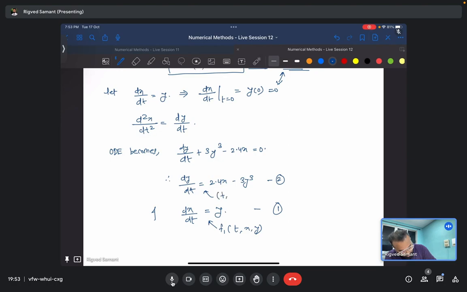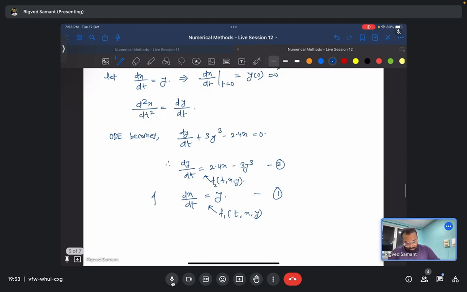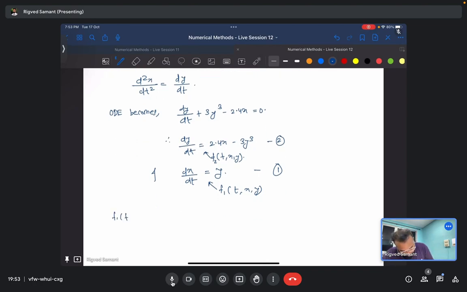This is also a function of t, x and y, and there are two different functions, so we'll name them f1 and f2. f1(t, x, y) is dx/dt, so I'll not write it again. You understood, right? This is f2(t, x, y) for dy/dt. So these are two functions, a system of ODEs we can call it.